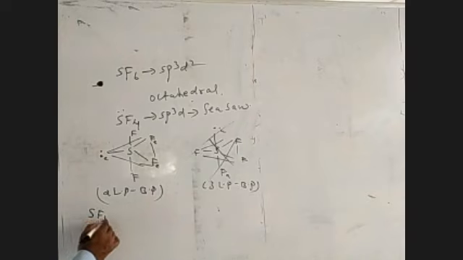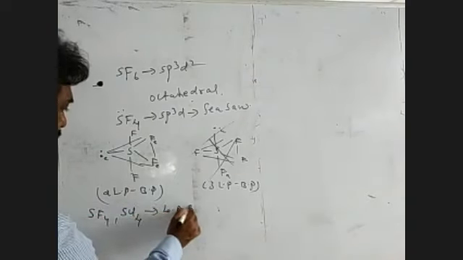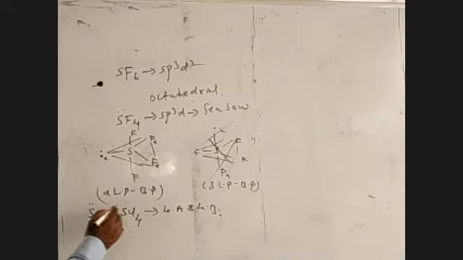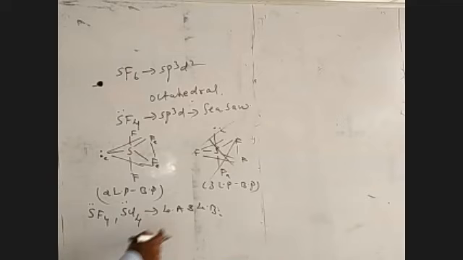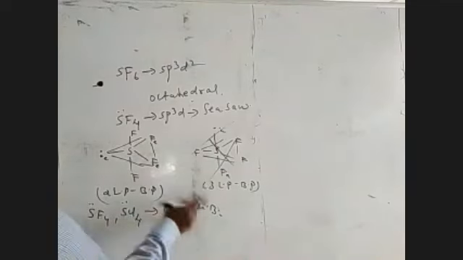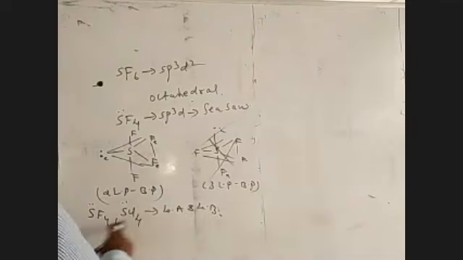Both SF4 and SCl4 act as Lewis acids and Lewis bases. Here, this is the sulfur containing a lone pair. Due to the presence of the lone pair, these act as Lewis bases, and they also act as Lewis acids.